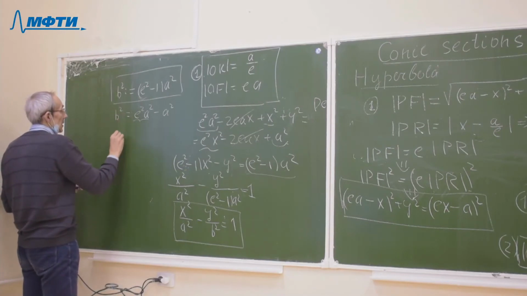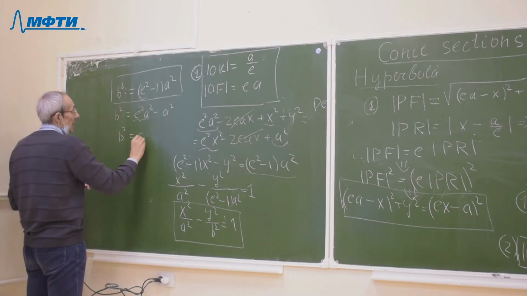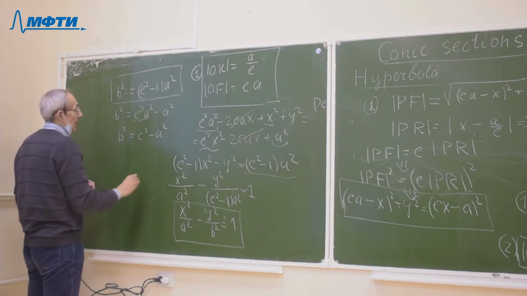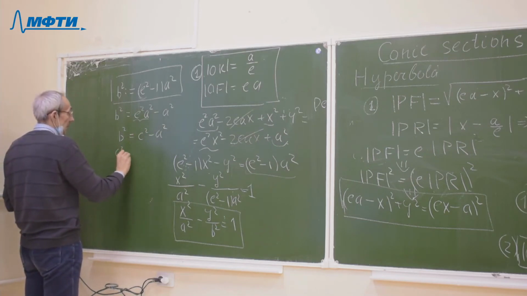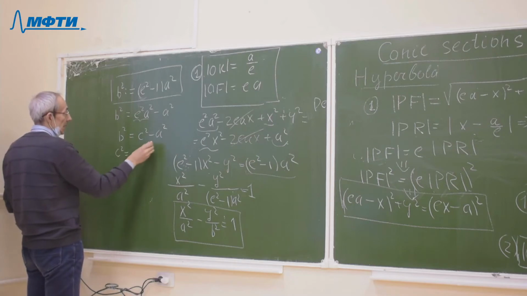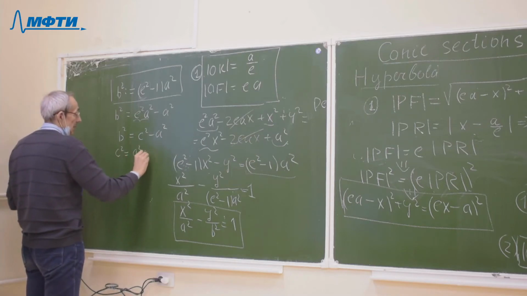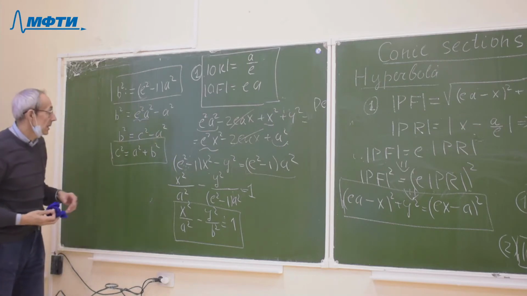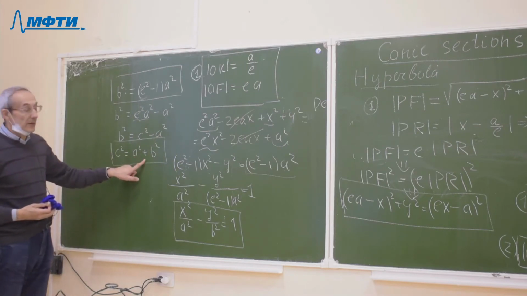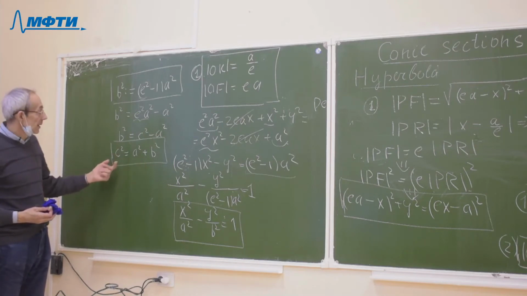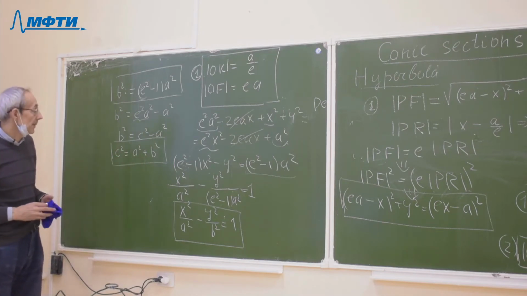And we obtain this expression: b square is equal to c square minus a square, or c square is equal to a square plus b square. In the case of ellipse we have the sign minus. In the case of hyperbola, plus.